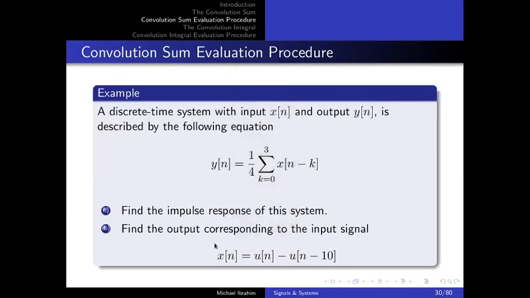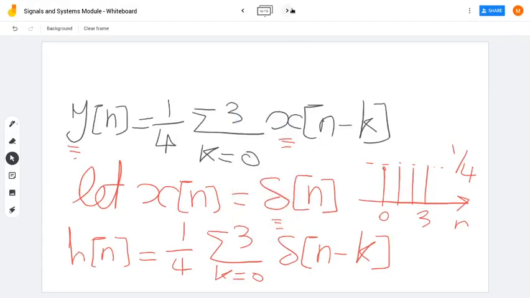Next, we will need to find the output corresponding to the input signal u of n minus u of n minus 10, which is samples of the value of 1 going from 0 up to 9. Let's go to our whiteboard over here.